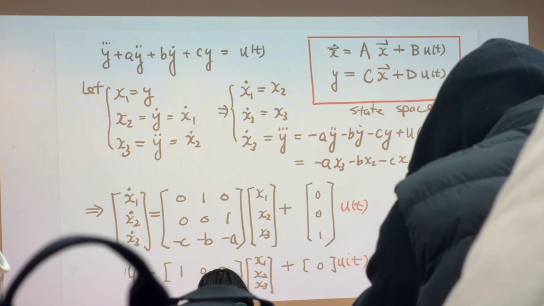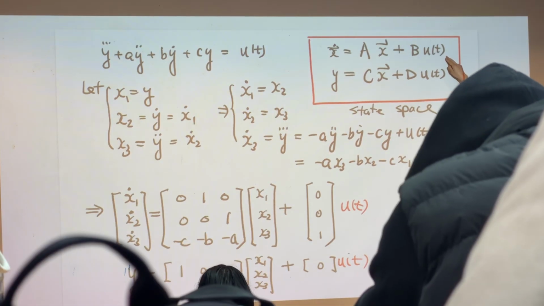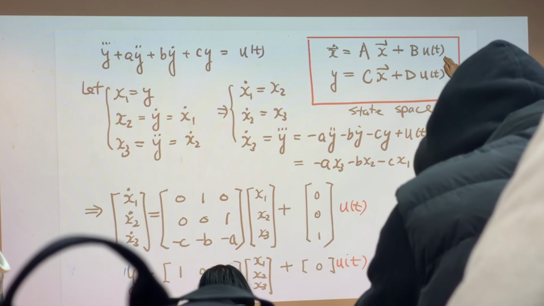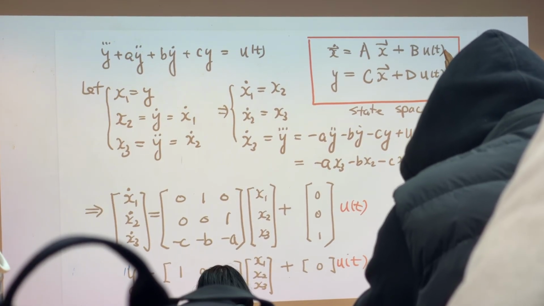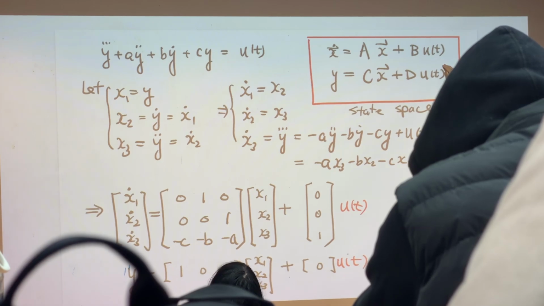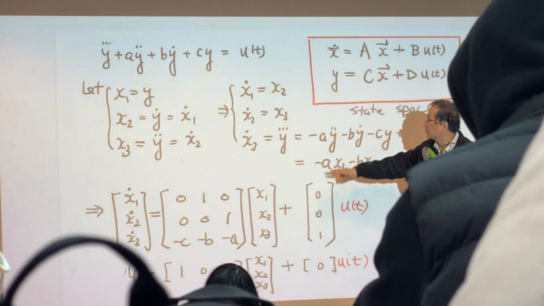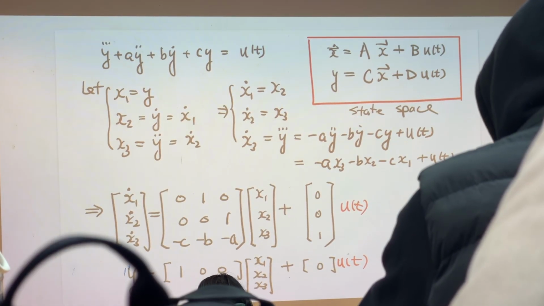Now you can imagine if it's multiple input, multiple output, u can be a 3 by 1 vector: u1, u2, u3, right? If u is a 3 by 1 vector, then this matrix B would also need to be 3 by 3, right?